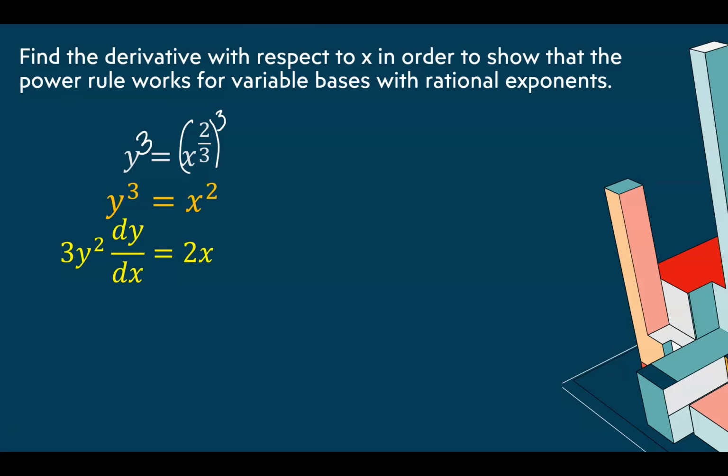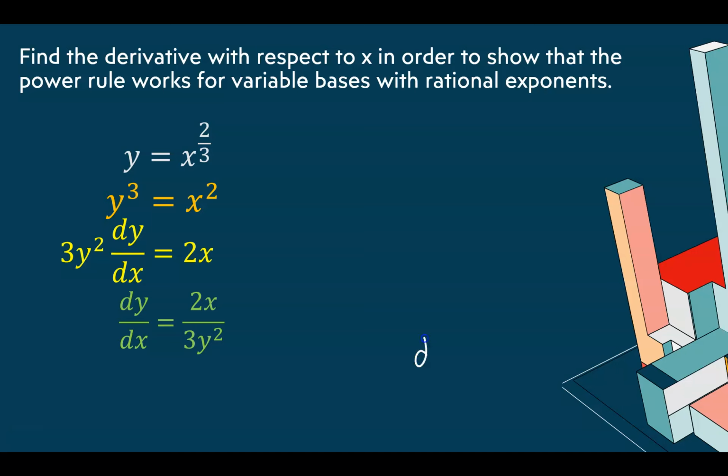Okay, so we're looking for dy dx. That's the piece we want to keep. So we'll divide both sides by 3y squared. And maybe we want to think where we're going so we can figure out the algebra that we should do.